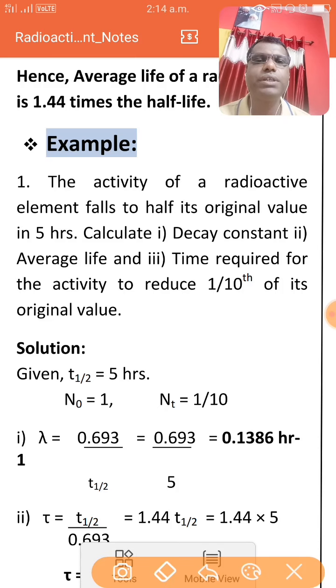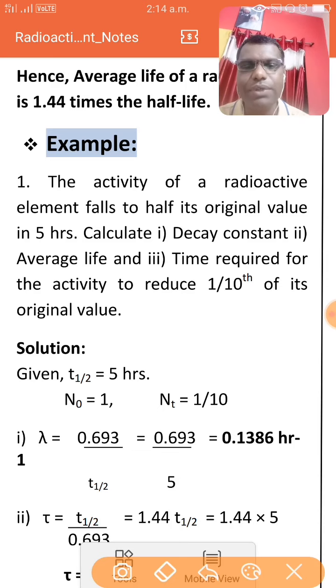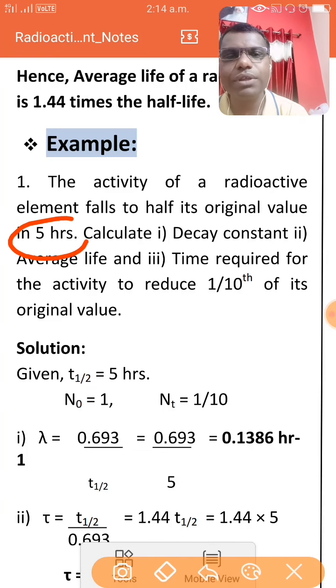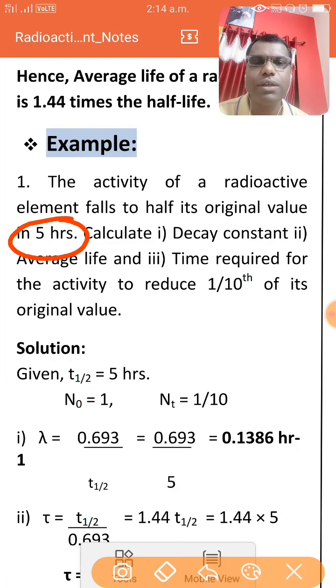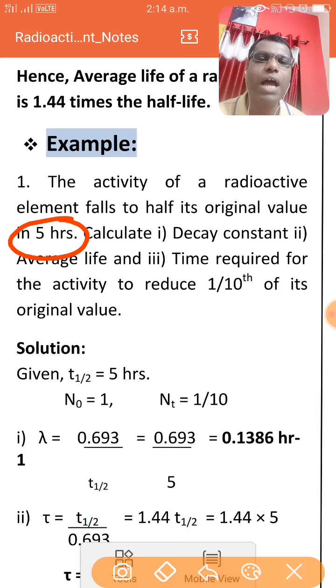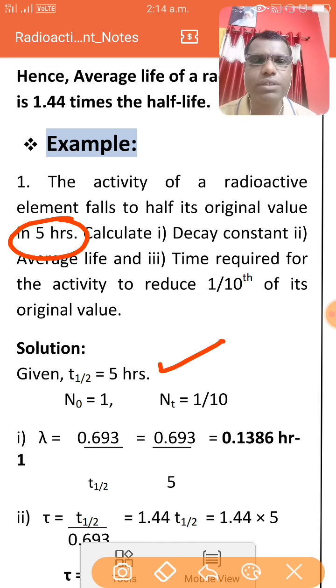This is the time required to reduce the number of atoms to half of its initial value, and that time is given here: 5 hours. It means that it is the half-life period, because in 5 hours the initial number of atoms becomes half. So this is the first quantity given: the half-life period is equal to 5 hours.